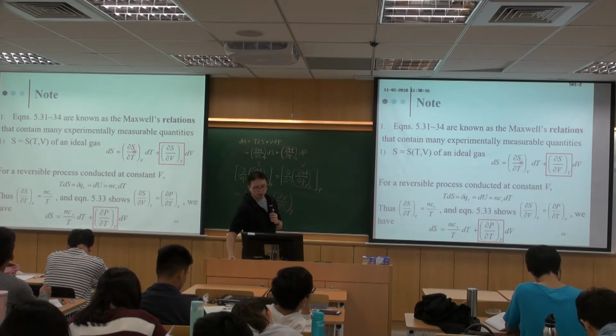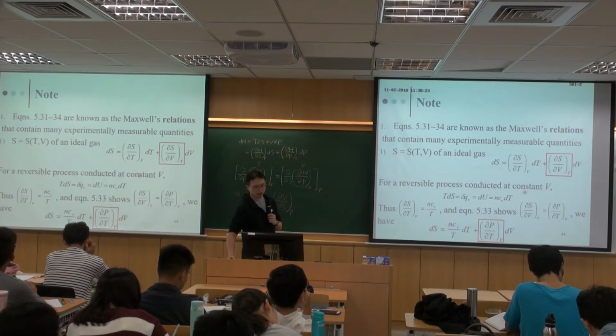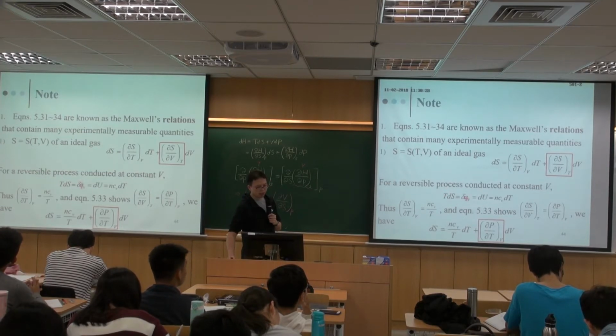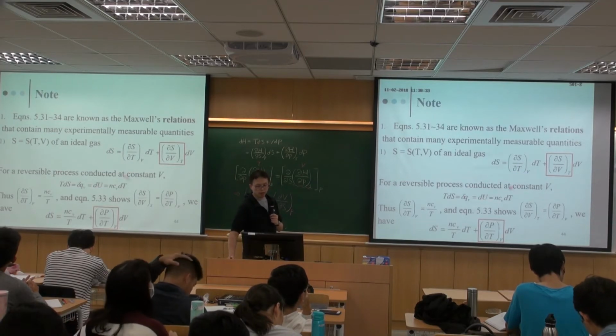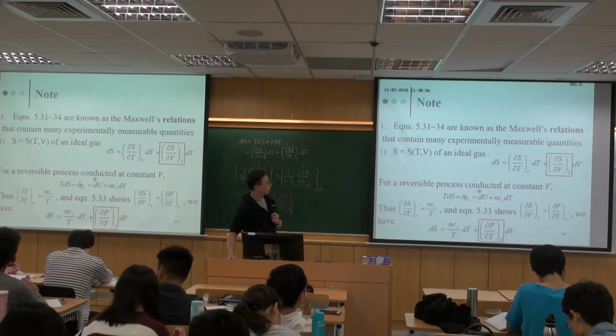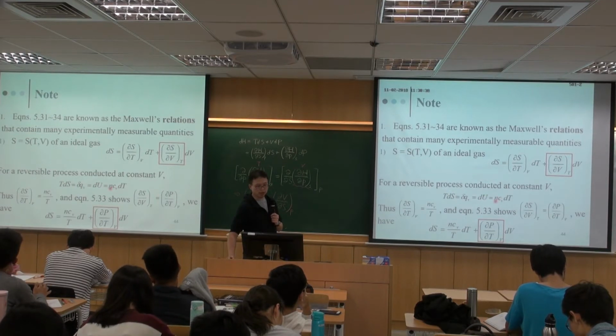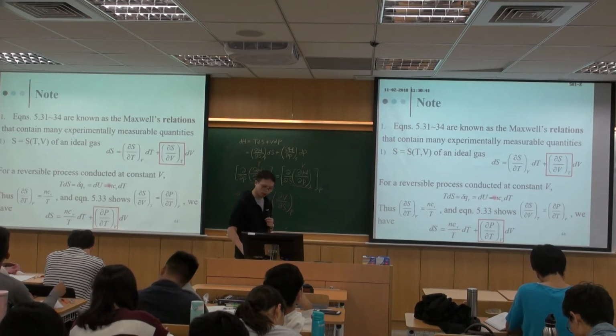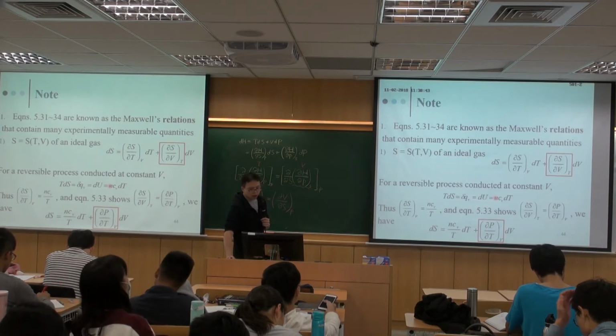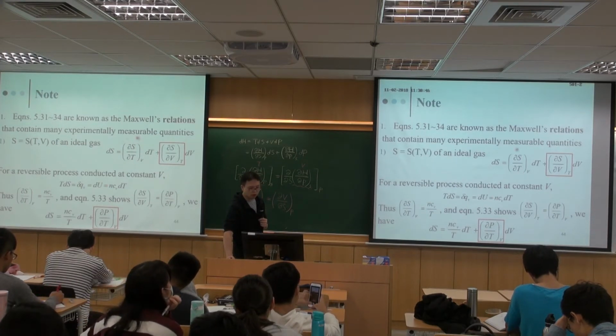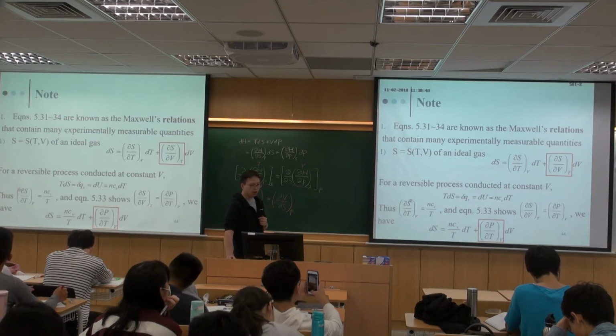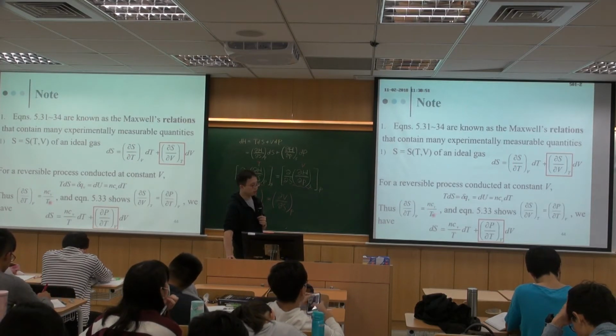You have partial S, partial T, and also partial S, partial V. And for a reversible process conducted at constant volume, we know that TdS is delta Q_V, which means there's no PdV work, and because this is constant volume, dU is C_V dT, or n times C_V dT, depending on the size of your system. Therefore, the first term over here is n times C_V over T.